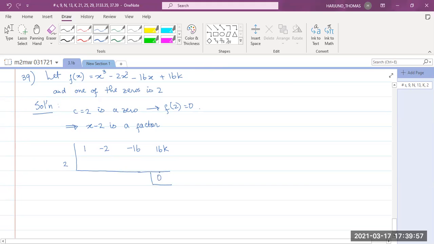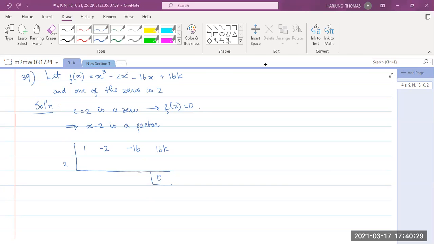Later on, we will be able to find the k, but at the same time, we will reduce this polynomial of degree 3 into, when we divide by x minus 2, a polynomial of degree 2. Now if you are following me, and I hope you follow me, copy this first and then work it out.